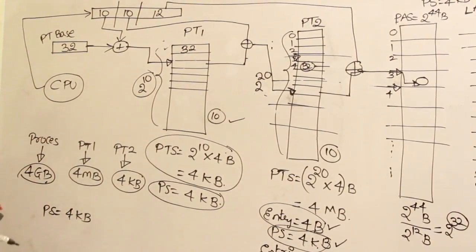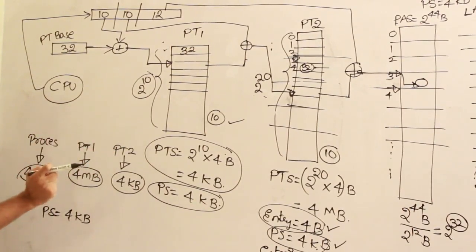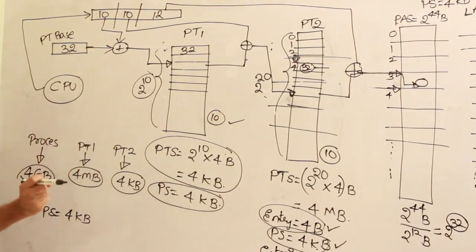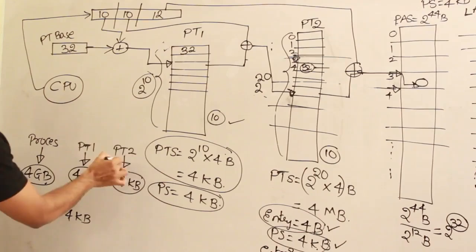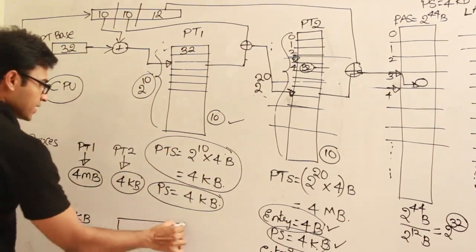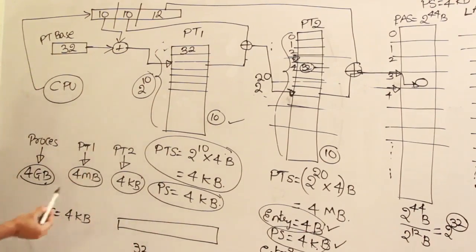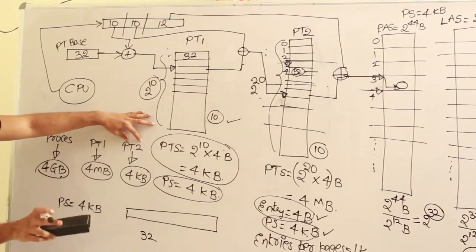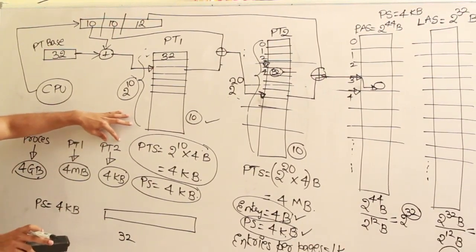Now, in order to go to the particular word and fetch it, we have to go to the particular frame and then fetch it, right? The outermost page table is always going to be present in the main memory in some frame. Our logical address is going to contain 32 bits. Now, how is this 32 bits divided? The outermost page table, this page table 2, should always be present in the main memory in some frame. And how do we know in which frame that is present?